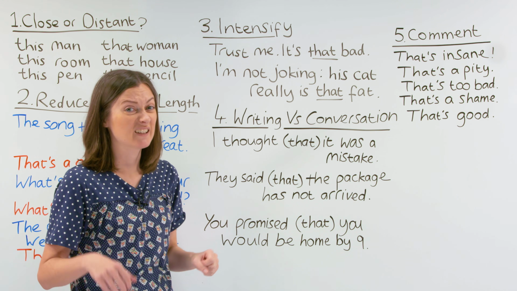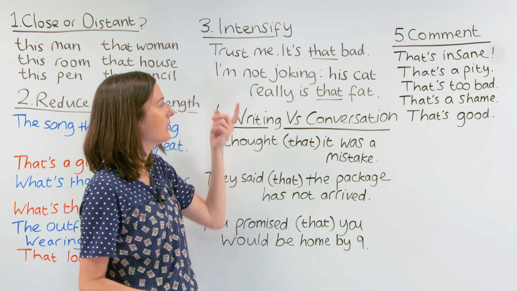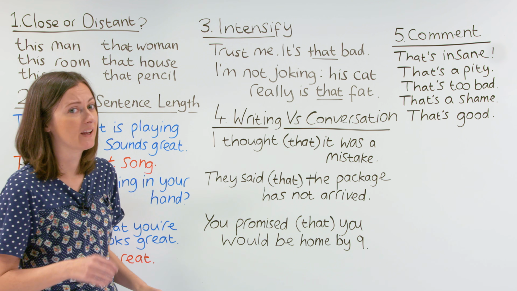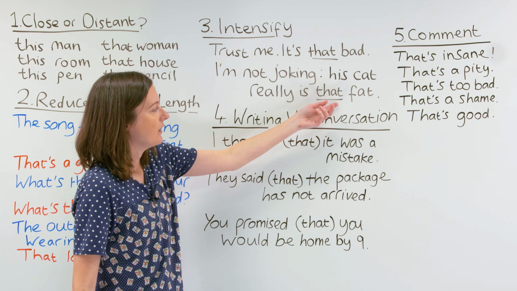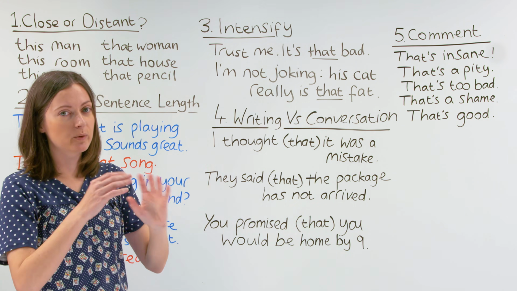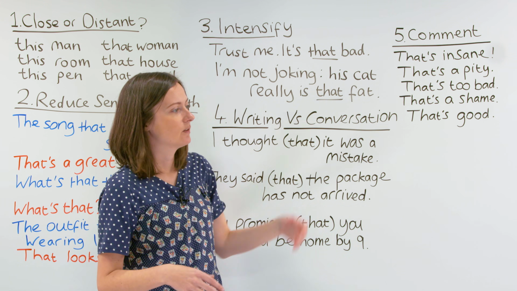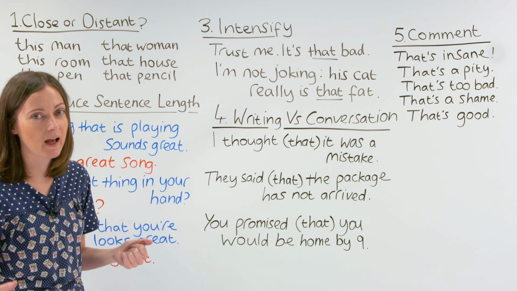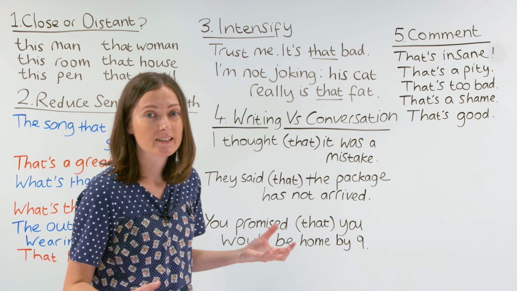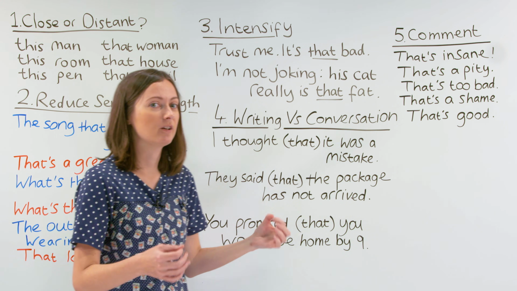Trust me, it's that bad. Another example, I'm not joking, his cat really is that fat. When we use "that" with our tone, it's something that native speakers would do to emphasize something. When we're making a joke perhaps, or we're exaggerating something in a story, we'll say "that" with a lot of emphasis.